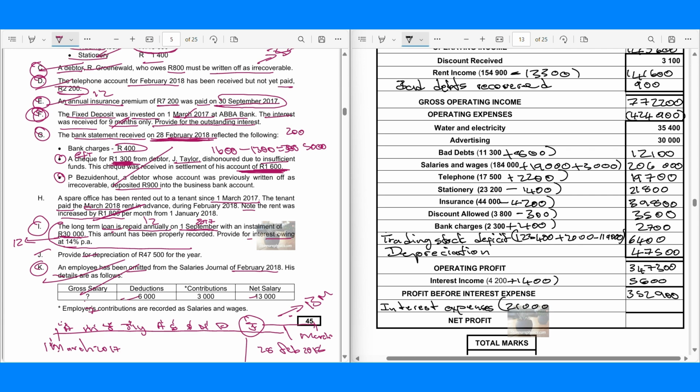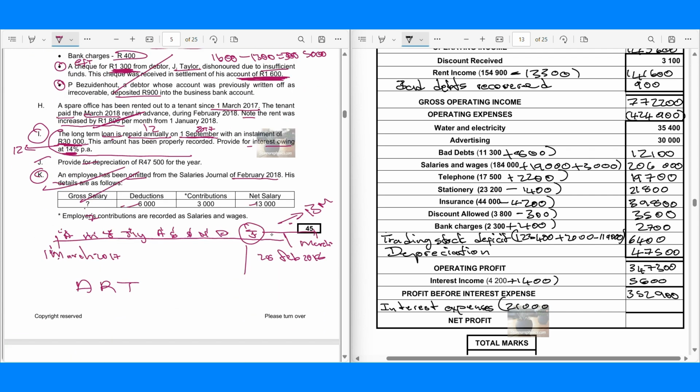So we want the interest of this 30,000, right? They said 14%. So from 1 September 2017 until the year end, which is 28th February. From September, how many months are there until February? September, October, November, December, January, February. 1, 2, 3, 4, 5, 6. This is 6 months, ne?